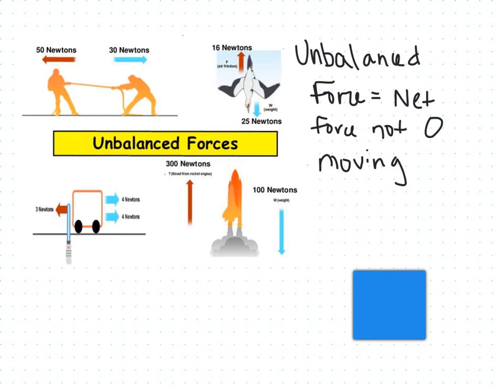Same thing here, we have one where we add 3 newtons pulling backwards, 4 newtons pulling forwards. 8 is bigger than 3, I know it's going to move to the right. And then 300 newtons of thrust from the rocket with 100 newtons of weight or gravity pulling back down. 300 is bigger than 100, so I know that the rocket is going to move up.